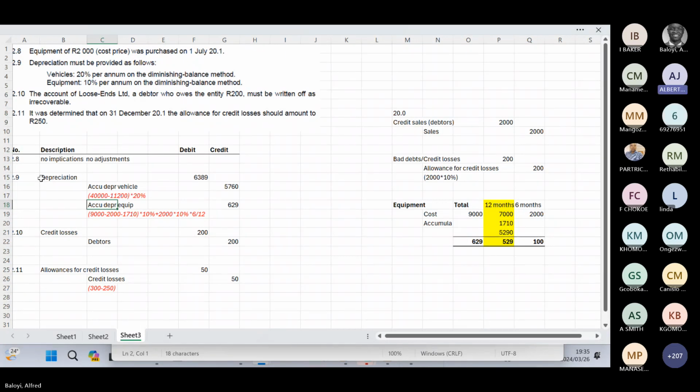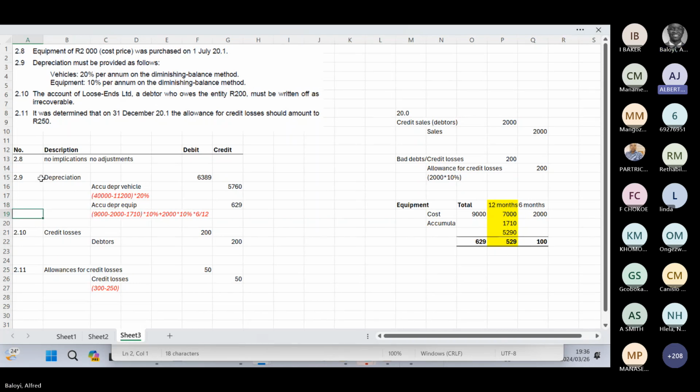Can you hear me? Yes. Okay, so I have a question with 2.9. In the event that a percentage is not given, but you have to calculate the depreciation, let's say for the vehicle, all we are given is the cost amount and the accumulated depreciation amount.